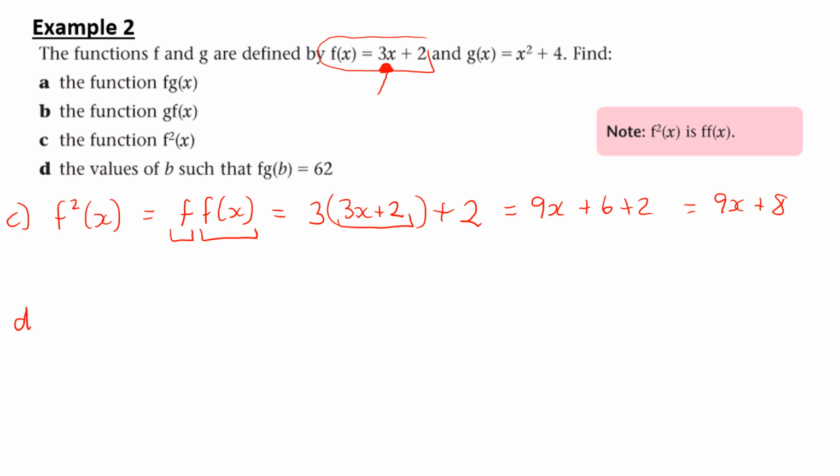The last part of this example then, part D, the values of b such that fg of b equals 62. Okay, so first of all, let's think back to part A where we did fg of x. When we did fg of x, we started off by doing g of x, which was x squared add 4.